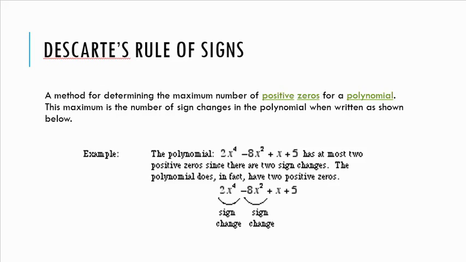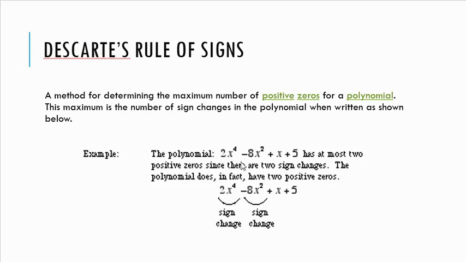It simply means that for any polynomial, when we look at it, we have these terms. And whenever there's a sign change, so if we're going from left to right, from term to term, we have a positive term and then a negative term. So that's a sign change.